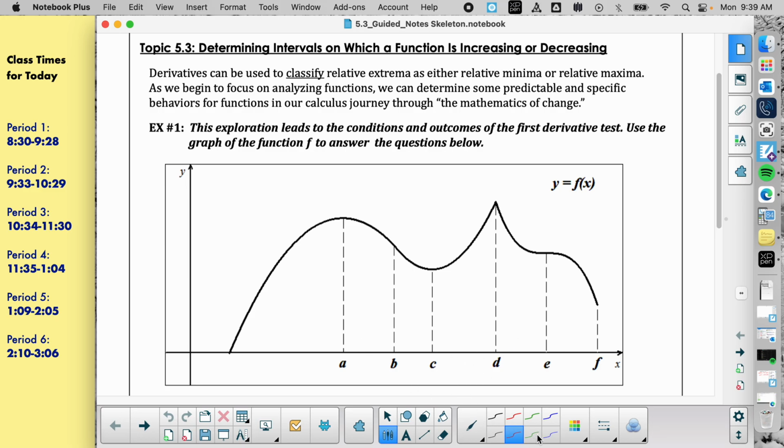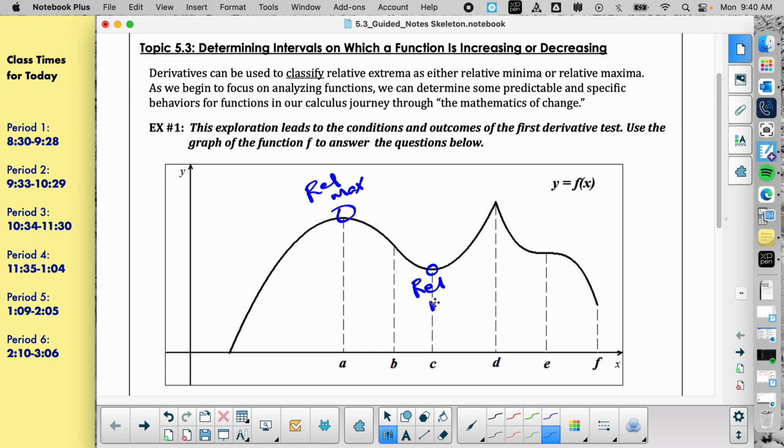So if I circle these, that's the top of a hill. That's going to make it a relative max. C is the bottom of a valley, and obviously these are very technical terms here.